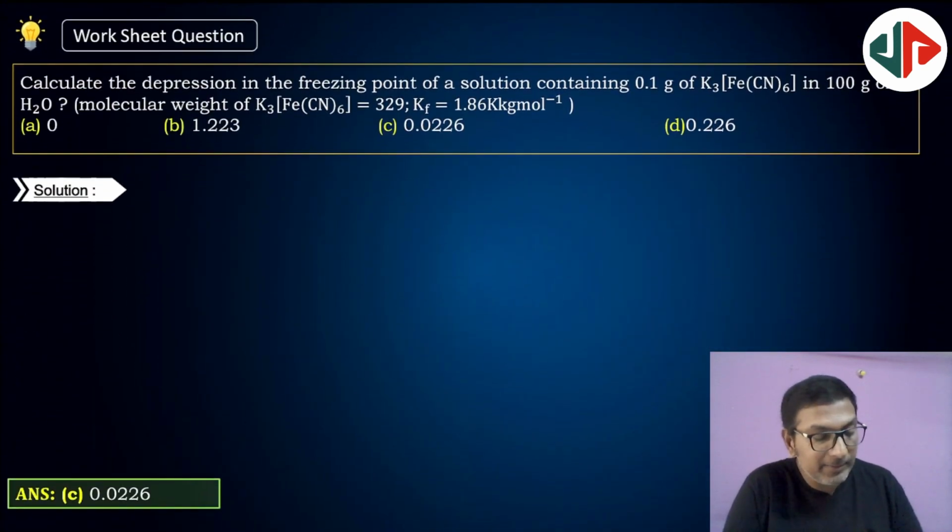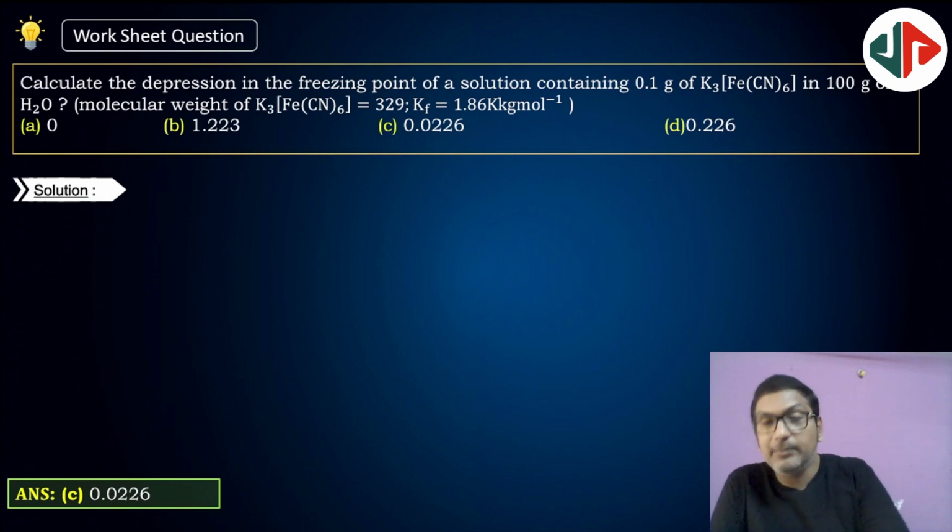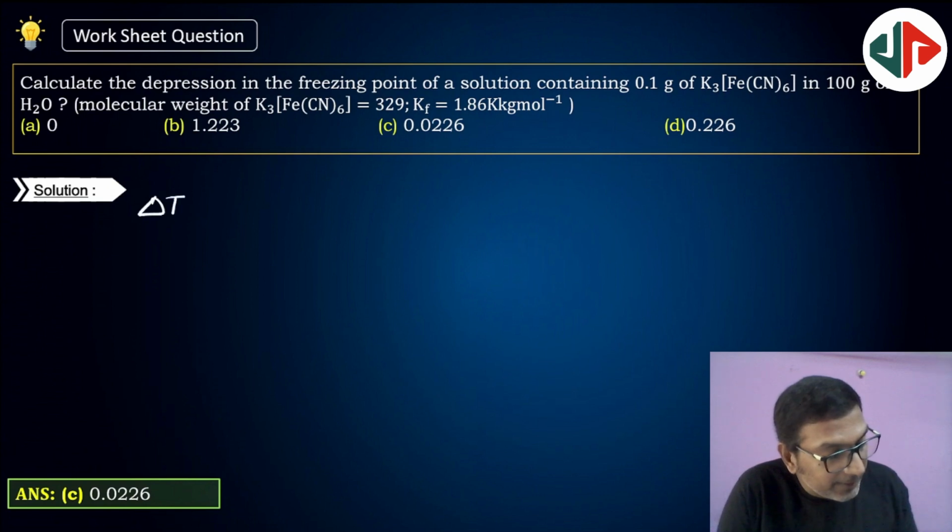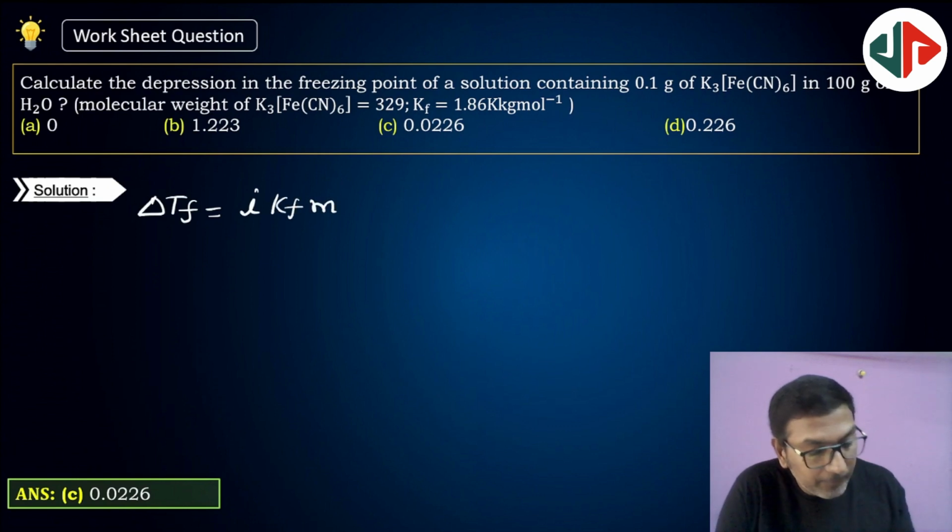Next. Calculate depression of freezing point of a solution containing 0.1 gram of K3Fe(CN)6 and 100 grams of water. That's a simple and direct question. So delta Tf equal to i into Kf into m, which means Wb by Mb into 1000 by Wa.